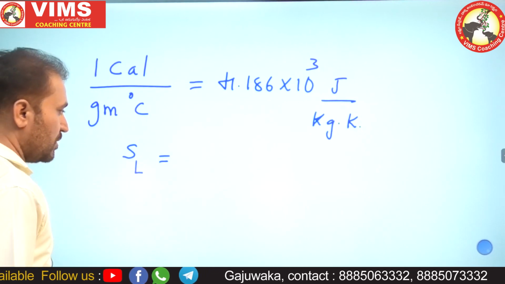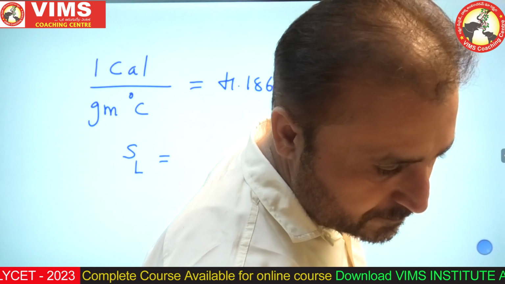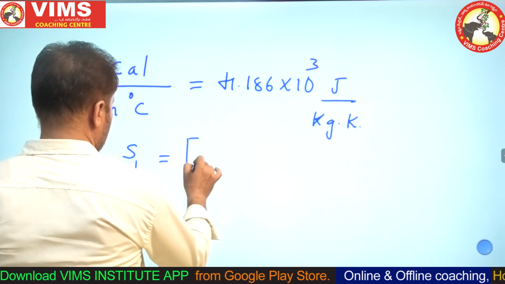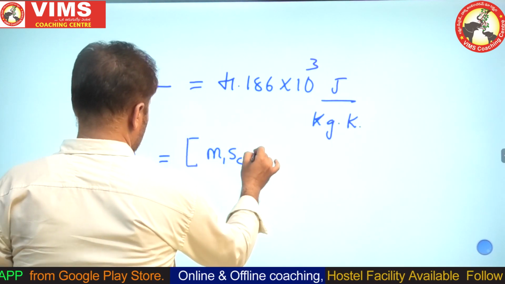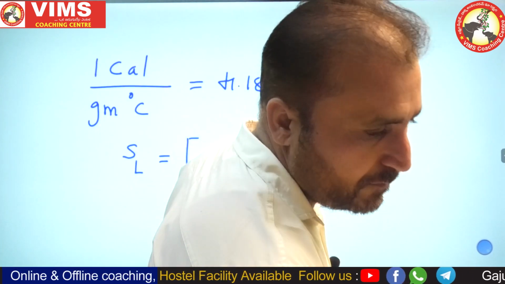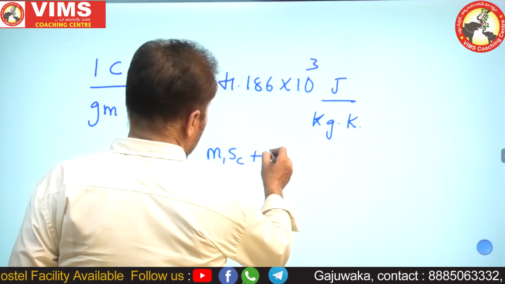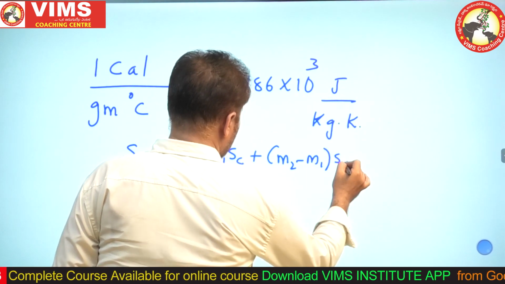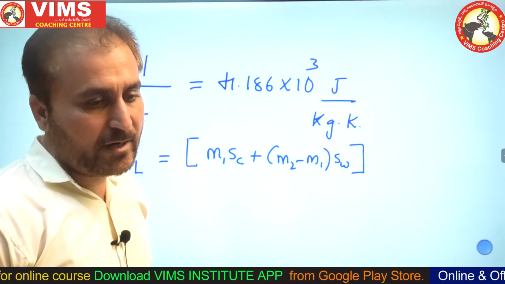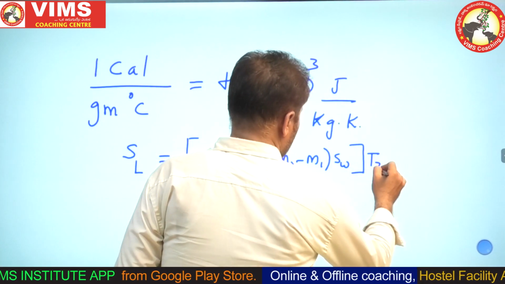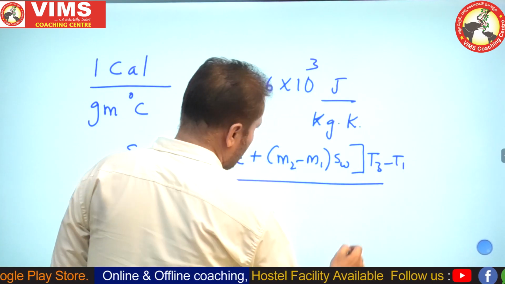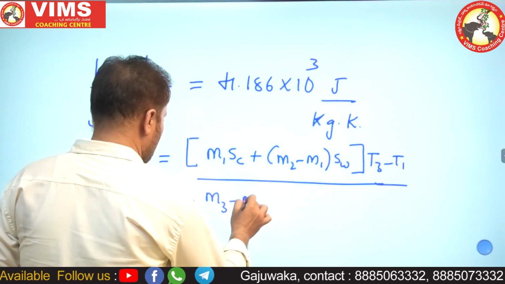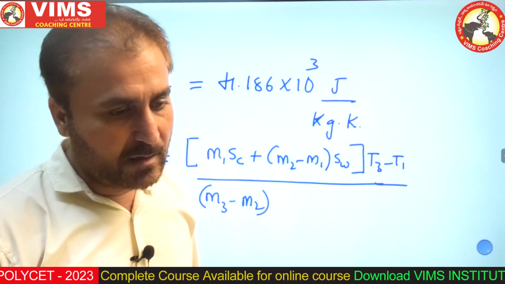Specific heat of solid SL is equal to M1 SC plus (M2 minus M1) SW, bracket close, (T3 minus T1), by (M3 minus M2), bracket close, (T2 minus T3).